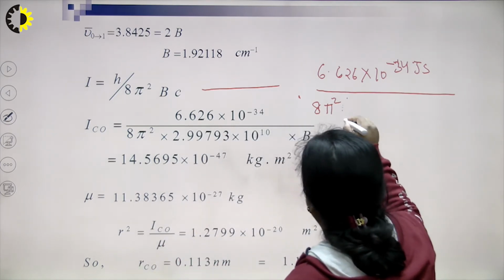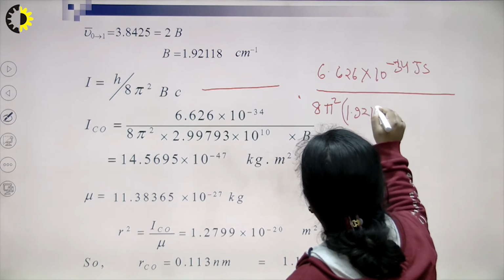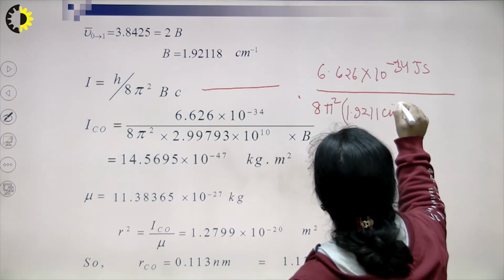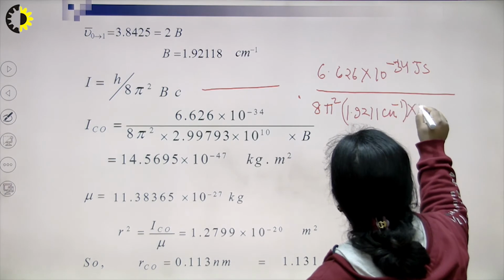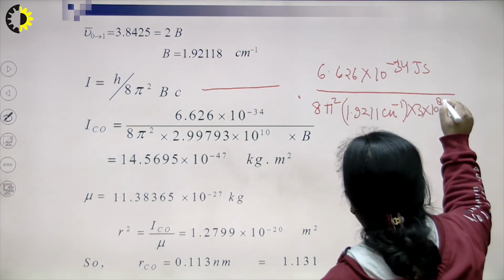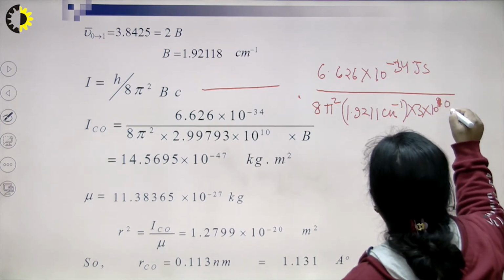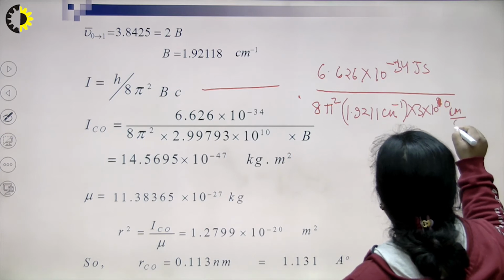Now B is 1.9211 centimeter inverse, into 3 into 10 to the power 8, then into 100. So, we can write 3 into 10 to the power 10 centimeter per second.